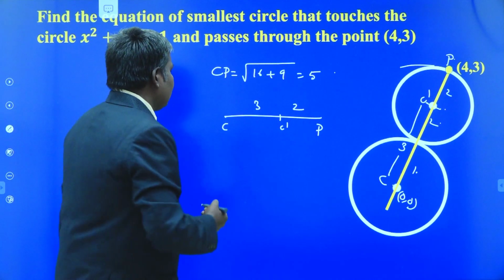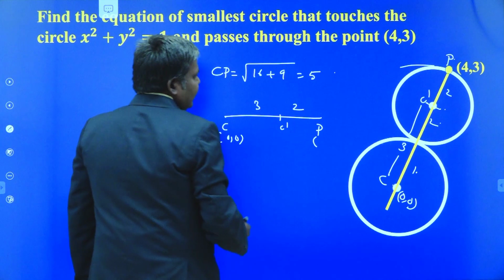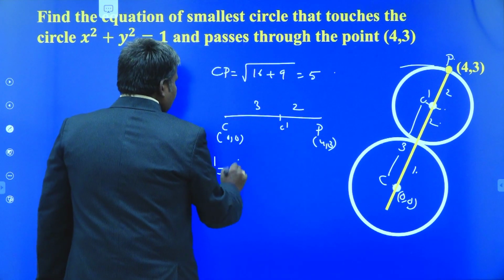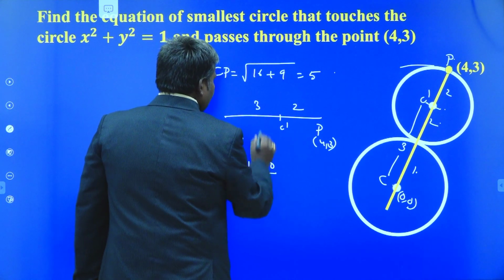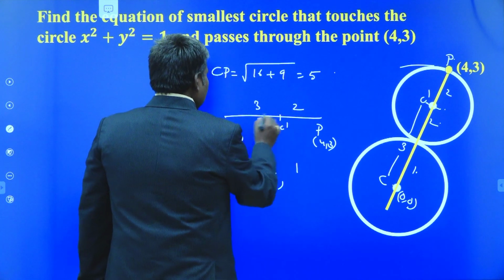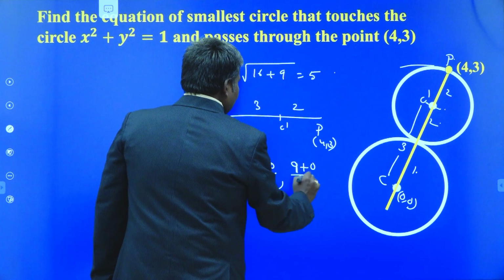So what are the coordinates? C is (0, 0). The coordinates of P are (4, 3). So what are the coordinates of my C dash? 3 fours are 12 plus 0, by 5. And 3 threes are 9, 9 plus 0, by 5.